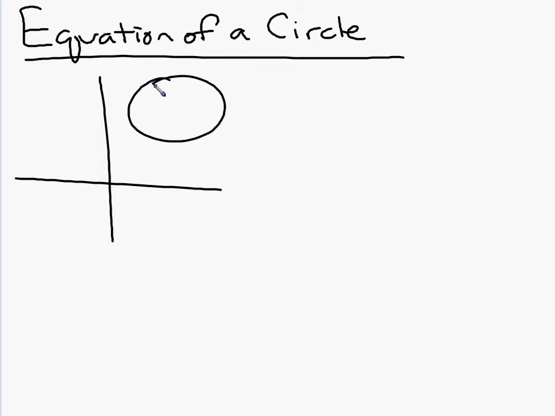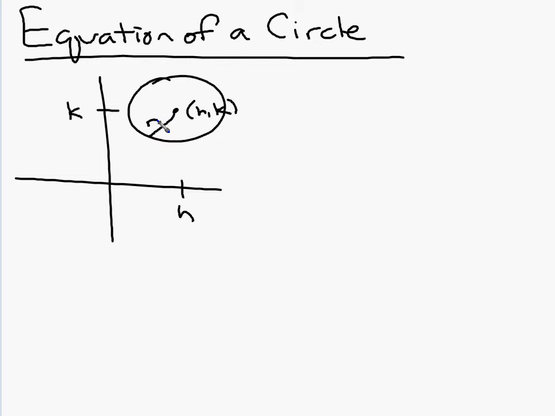and this coordinate right here is h, and this coordinate right here is k, which means those are the coordinates of the center of the circle, (h, k). Let's say the center of the circle has coordinates (h, k), and then there is a radius of the circle that we will call r.